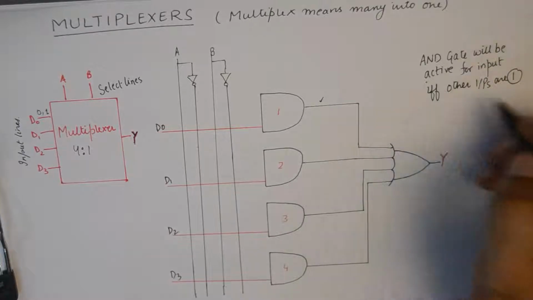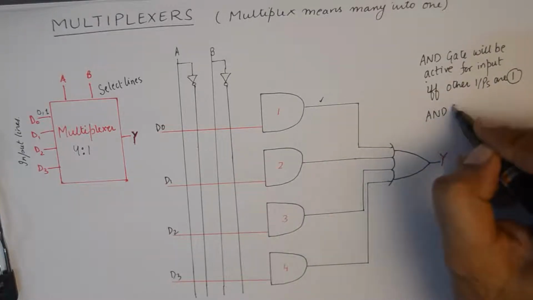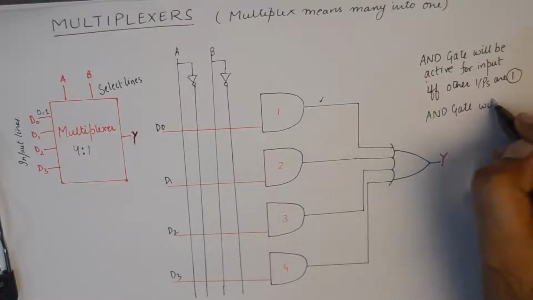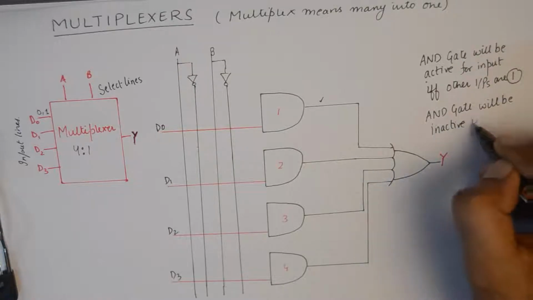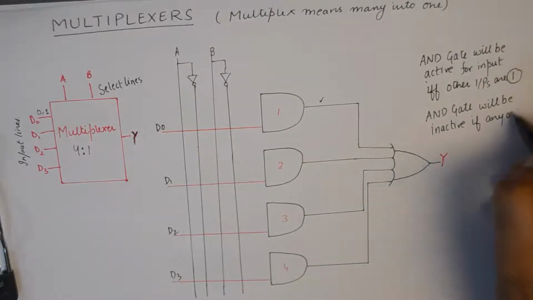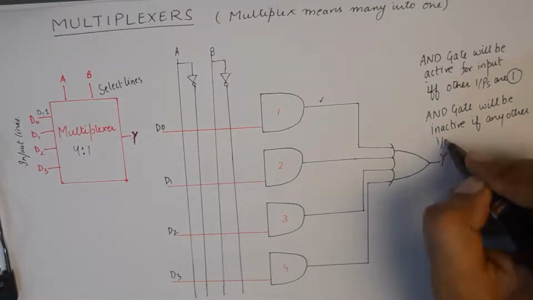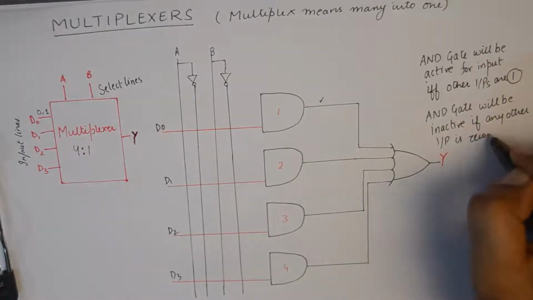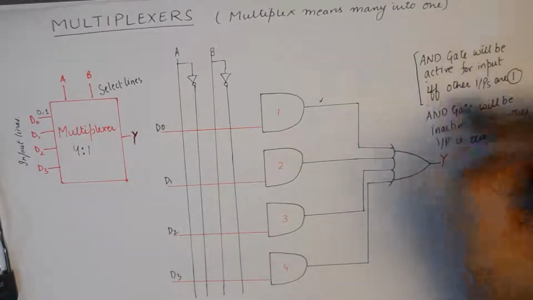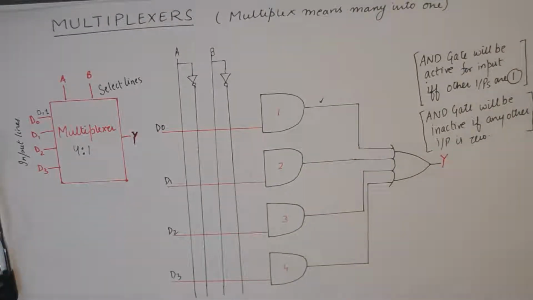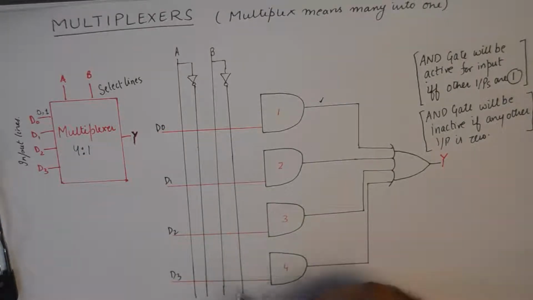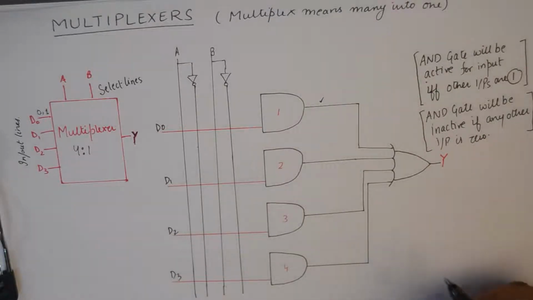And on the contrary, this AND gate will be inactive if any other input is 0. So these are the key points here which make a multiplexer a very clever device, and it will just select one out of these 4 inputs and put it forward at the output.